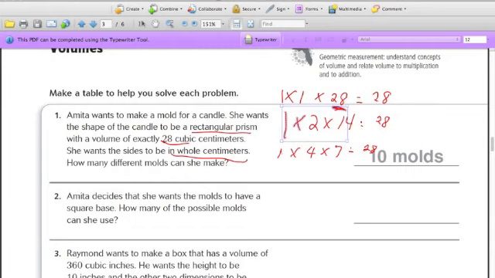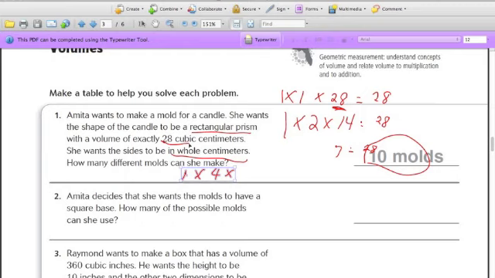So this is the process to begin for figuring out how many. And if you continue through this process, you would see that there were 10 different molds that could be shaped there. So let me move over here and move down.